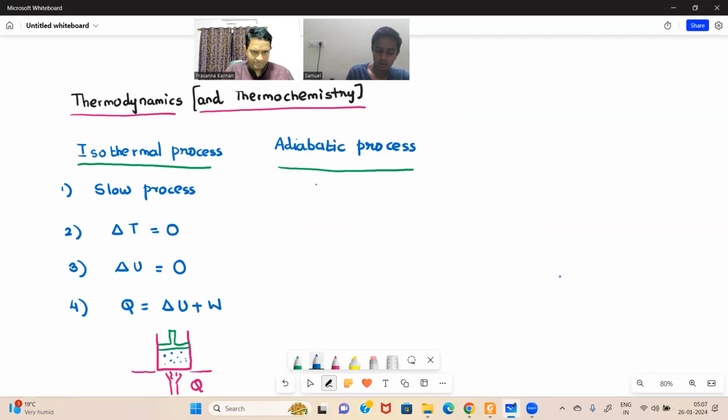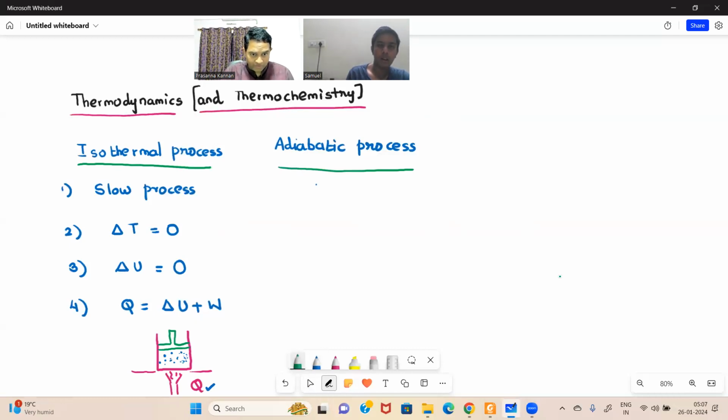Now you're supplying this heat. What will it do? Usually, this will increase the temperature inside, or in other words, change the internal energy of the system. Plus, part of that energy will be used up in moving the piston.